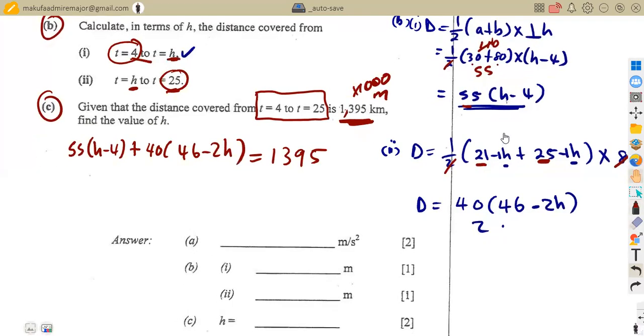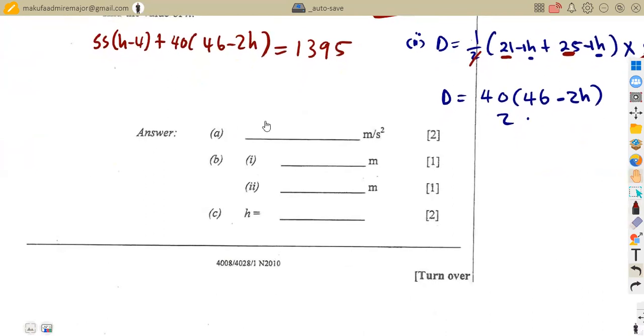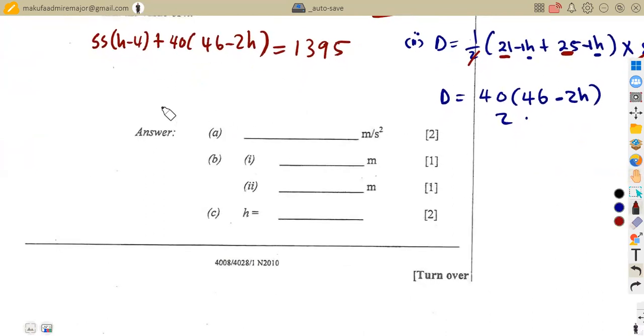So we have an equation for the distance. With this equation, we can solve for h by expanding brackets and collecting like terms. You use the information that you are given to calculate whatever you're asked. So expand the brackets, we're going to have 55 times h, which is 55h, minus 55 times 4, you're going to obtain 220. 40 times 46 is 1,840. 40 times minus h, which is minus 80h, is equal to 1,395. So you can collect our like terms.